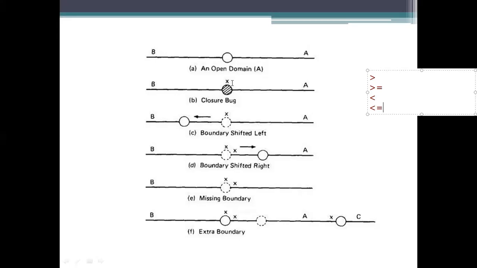And coming to the next representation, which is C, the boundary we are using has been shifted to the left.